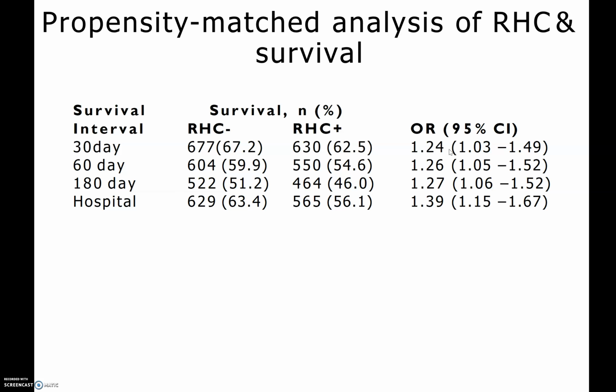So this would be for a patient with or without RHC. It's not clear by this table, actually, but because 1 is not included in the confidence interval for the odds ratio estimator, there is a difference based upon RHC for 30 day, 60 day, 180 day, and definitely for hospital, okay?